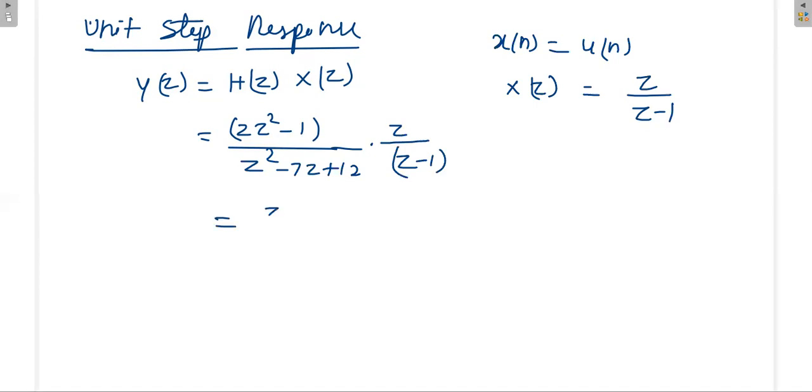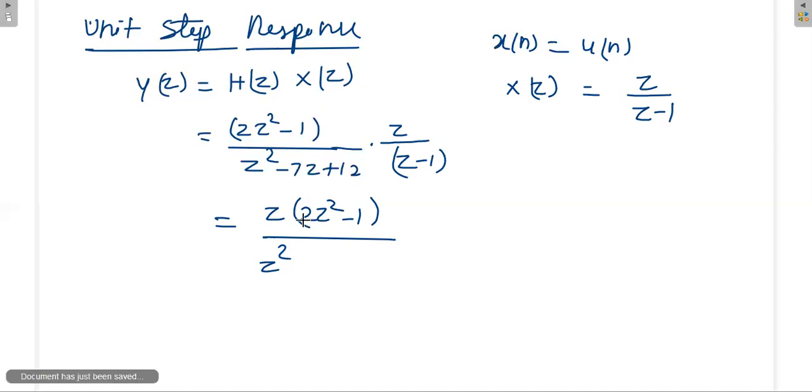z into (2z² − 1) divided by z². Again, here also we can take the factors. What are the factors? 3 comma 4, we will be getting 3 and 4.